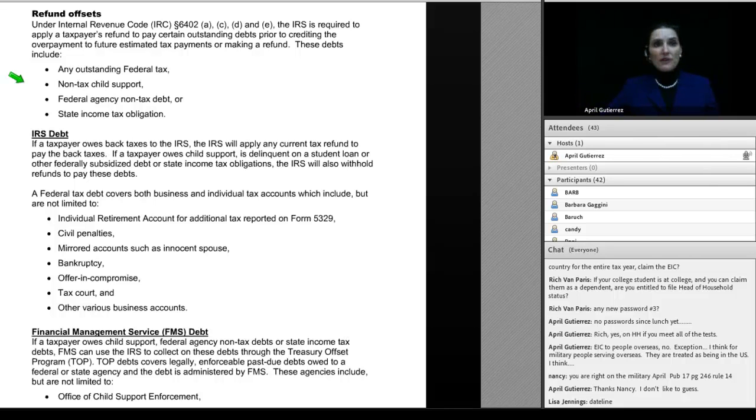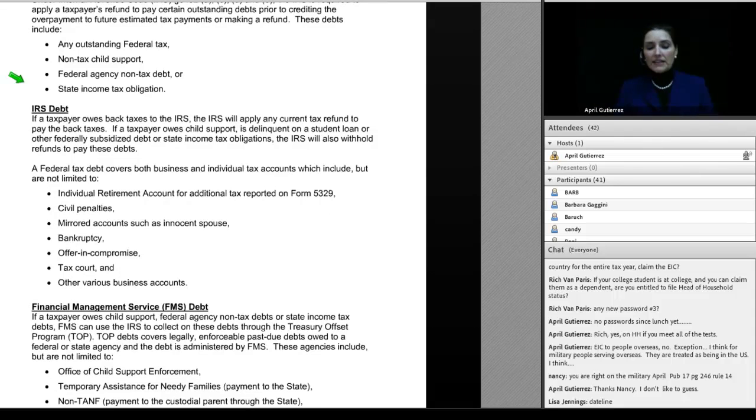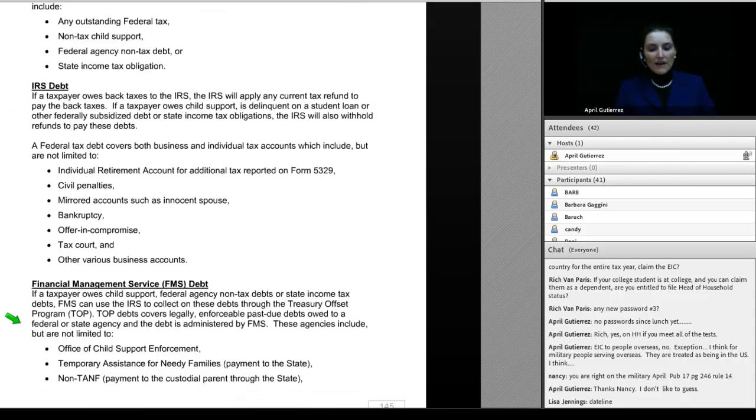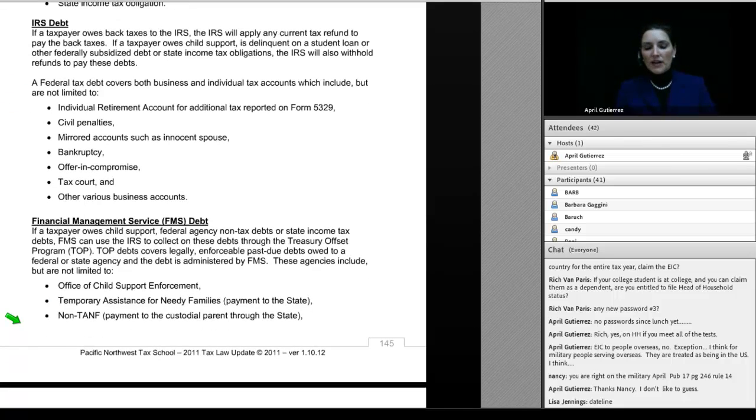Could that offset my federal refund? Highly unlikely, but it is possible, because the state agencies do send that information to the IRS, and the IRS can collect on it. But it actually doesn't go directly to the IRS. It goes to a middle party called Financial Management Service, or FMS debt.